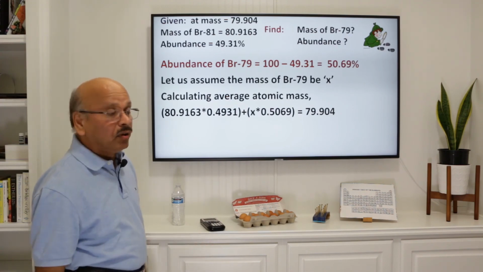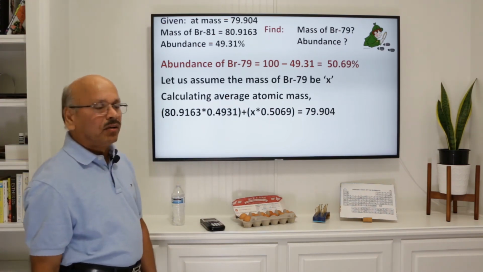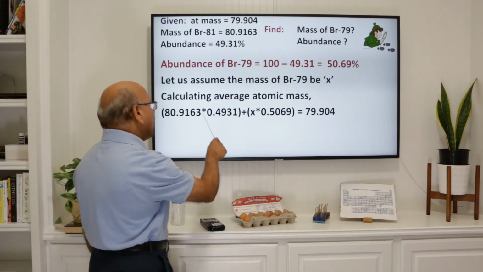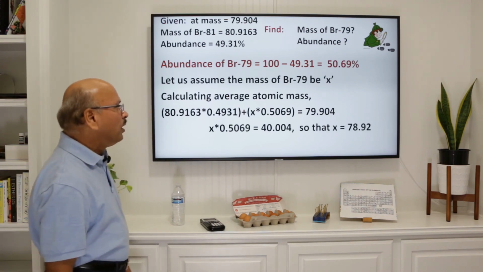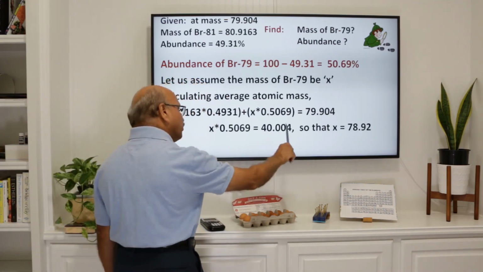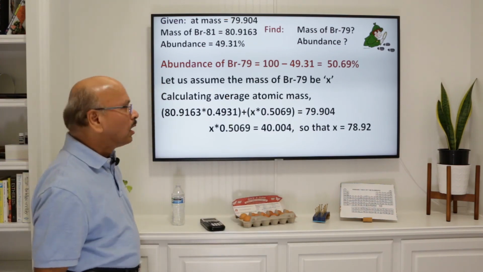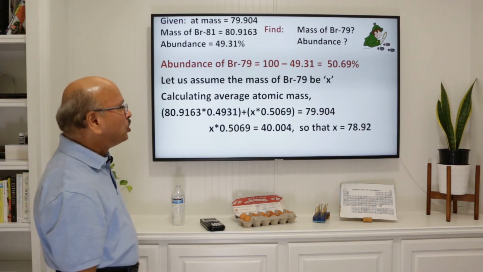Now you know how to calculate it. You just find out this part of the equation, and that part is subtracted from the 79.904. What you get is X times 0.5069 is 40.004 by calculation, and X is going to be 78.92.